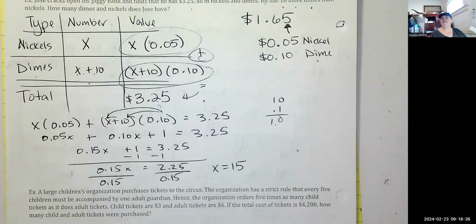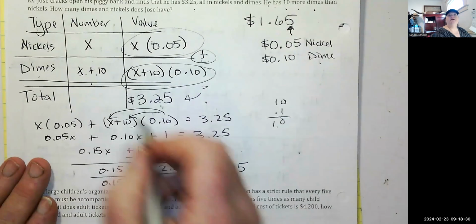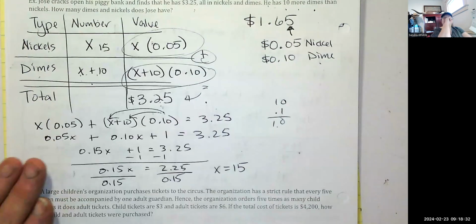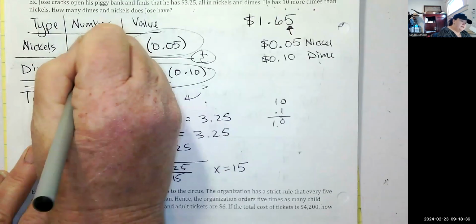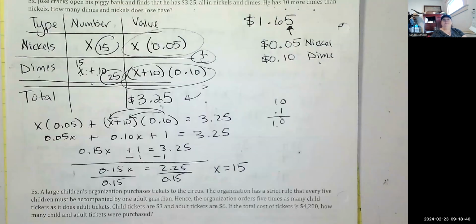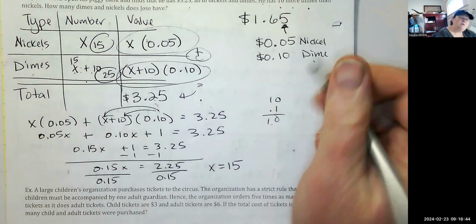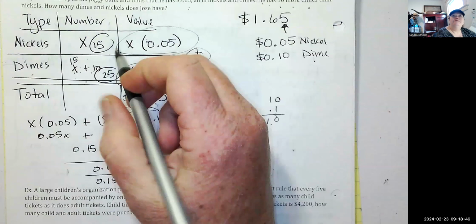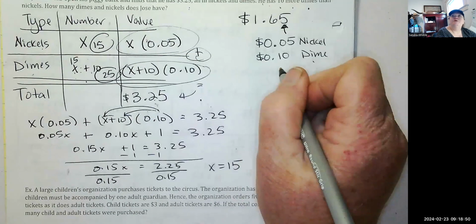Does that make sense, what we're doing here? So that means he has 15 nickels and 15 plus 10, which is 25 dimes. All right. So, I don't have a lot of space here. I want to check this first. 15 times 0.05, just to make sure our numbers work out.